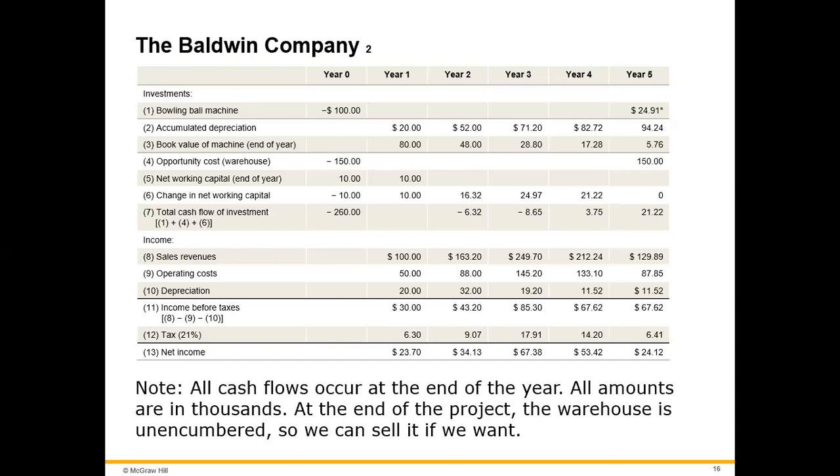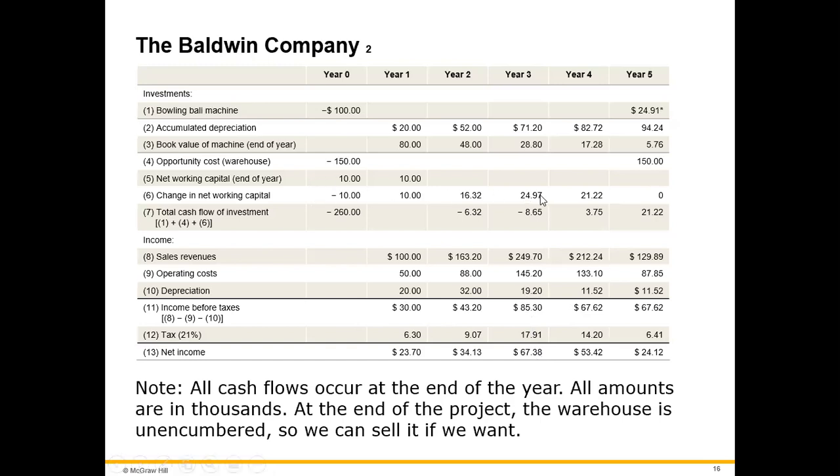We showed you the depreciation calculation. It's 100,000 times the percentage for the third year of a 5-year asset, 19.2%. Subtract the operating costs and depreciation from the sales revenue to get your income before taxes. Multiply that by 21% to get the income tax on that money. Subtract that from the 8530 to get net income.